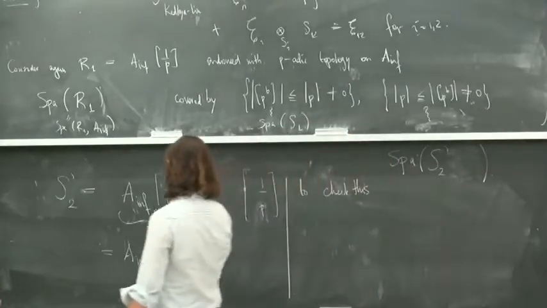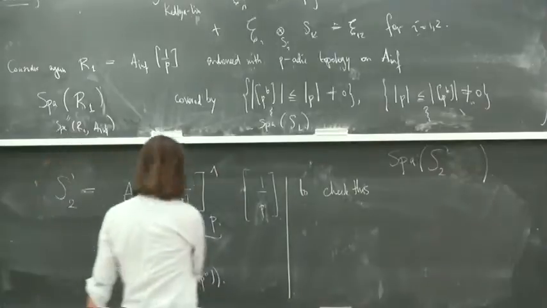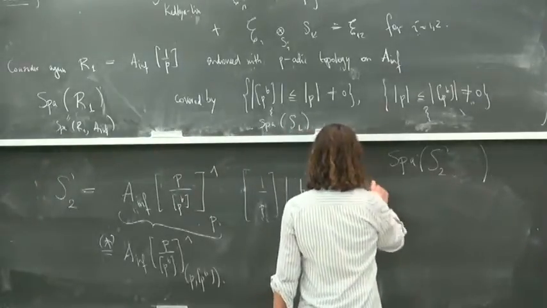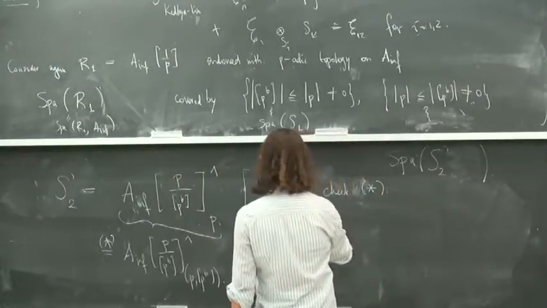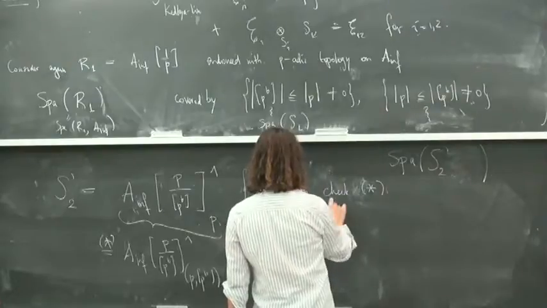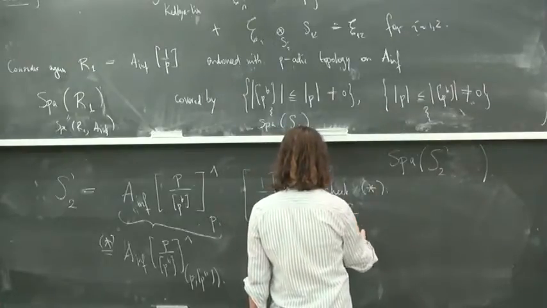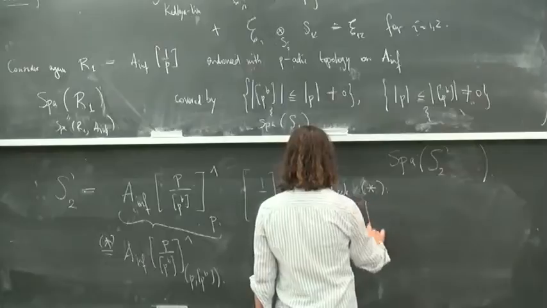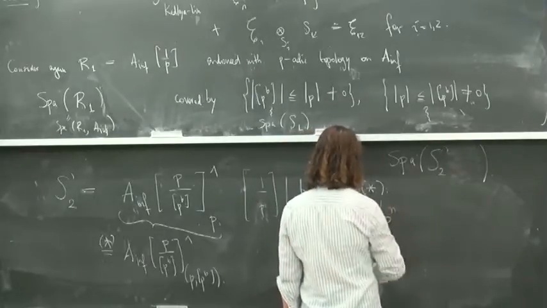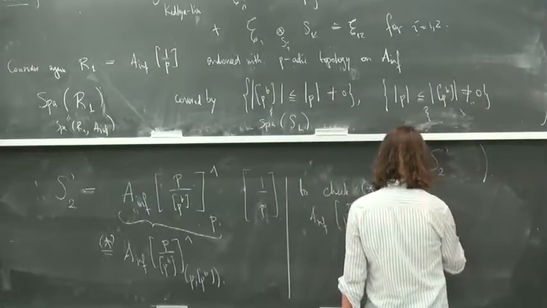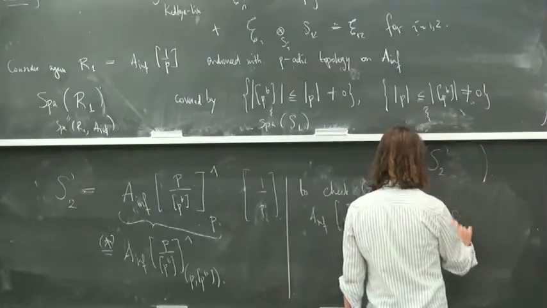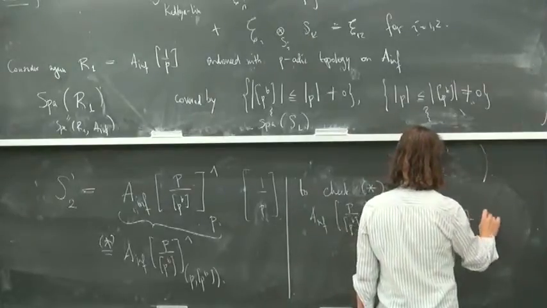So to check this equality here, we have to check that if we take A_inf, algebraically adjoin this p over p flat, and then mod out by p^N, that this is already p flat adically complete.